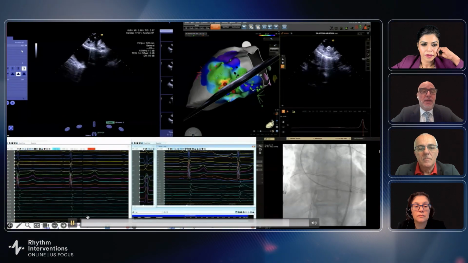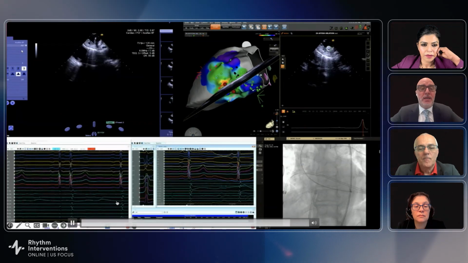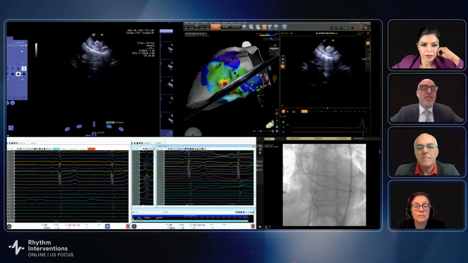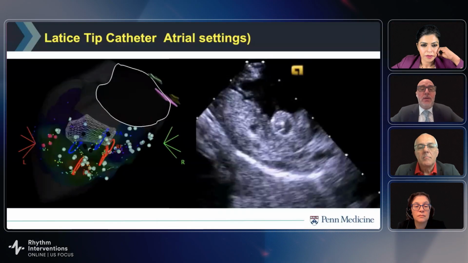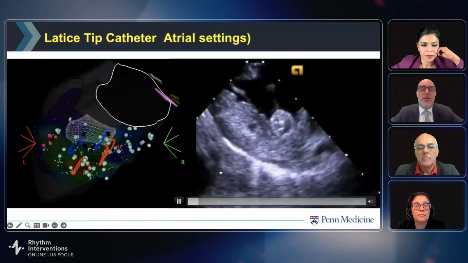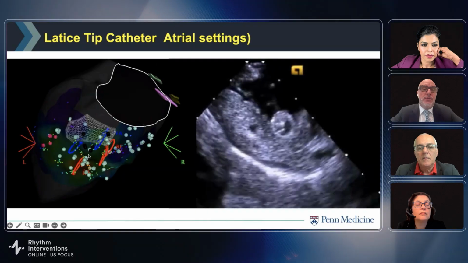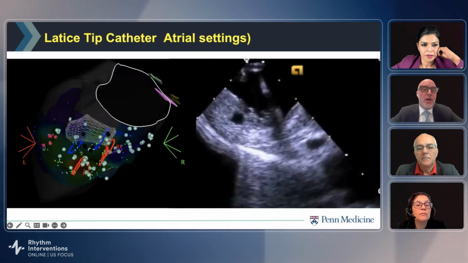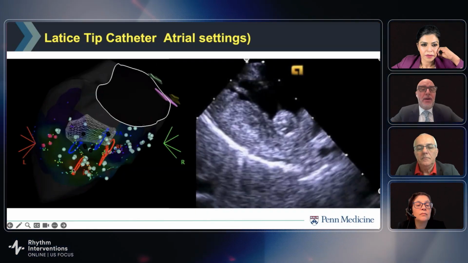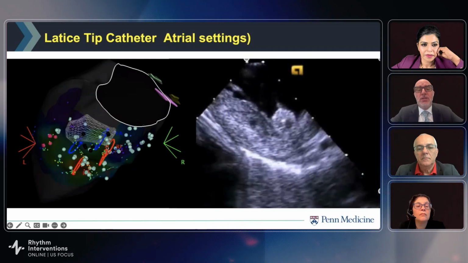You can see here that after the RF and the PFA applications with Affera, the patient had no PVCs for a while. And this is just so you see an intracardiac echo. What we do is we circle the area with CartoSound, and you can see these round reds are RF lesions and then PFA lesions on top.